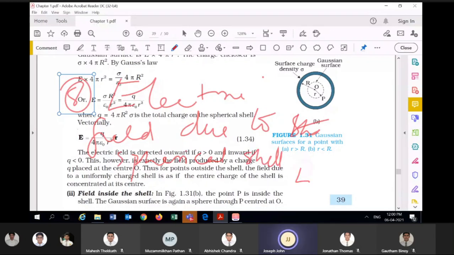What is the formula? E is equal to sigma, something is there, isn't it? Capital R squared by epsilon naught. Yeah, full formula I need it: sigma capital R squared by epsilon naught.